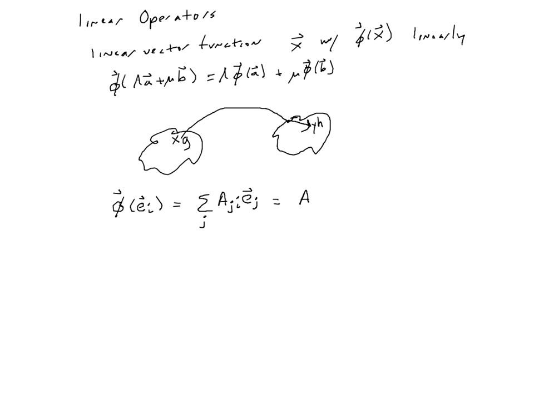that if you take each one of these coefficients. So what this is basically saying is that if we take, for example, this could be A1I E1 plus A2I E2 plus A3I E3, something like that.